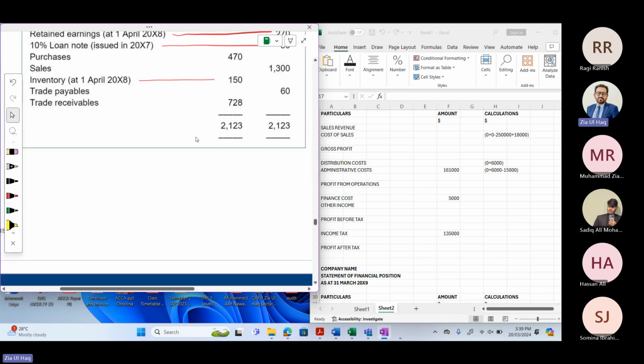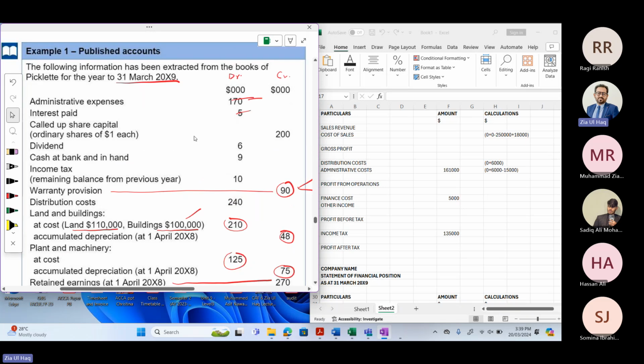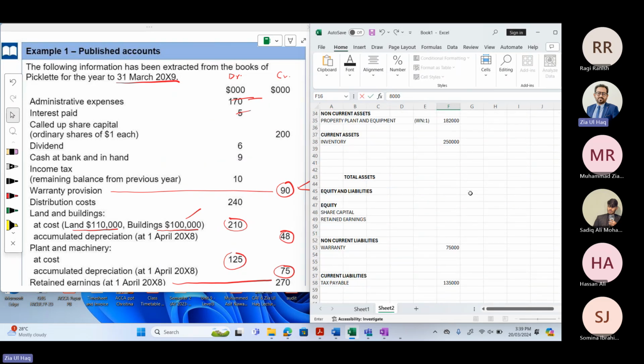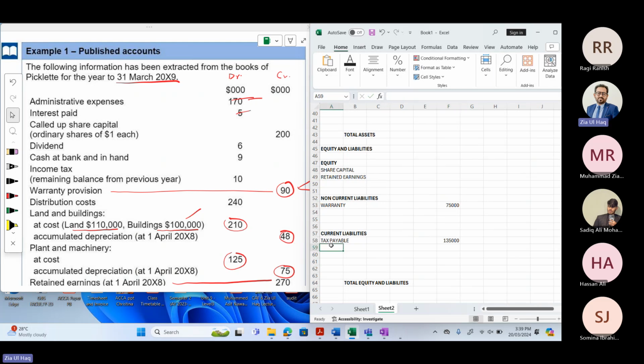How much interest have you shown here as expense? 5,000. This means the total for the year is 8,000. You have paid 5,000. The remaining 3,000 is interest payable. This means this figure should be 8,000 expense for the year, and the remaining 3,000 that you haven't paid should be recorded as a current liability. How much? 3,000.